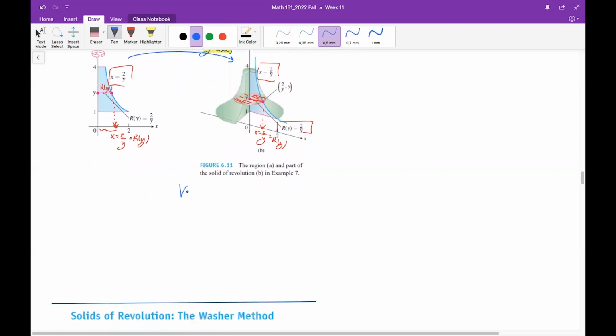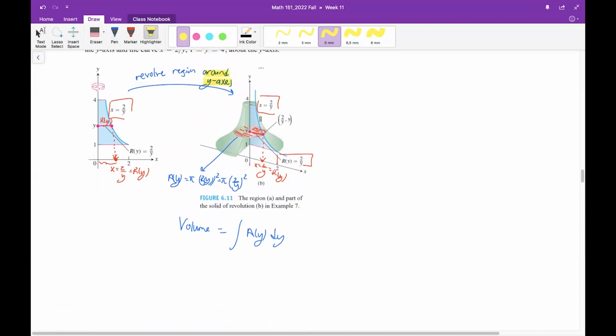To compute the volume, you need to integrate the cross-sectional area. The area of this cross-section in terms of y is pi r squared, so pi times 2 over y squared. You will be integrating the area of cross-section, written in terms of y, over the y-axis, not the x-axis.